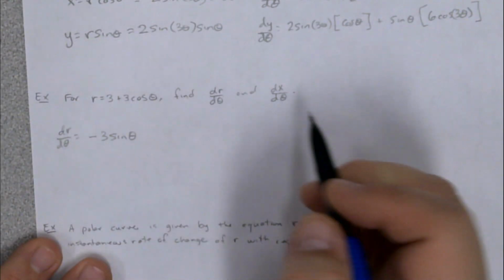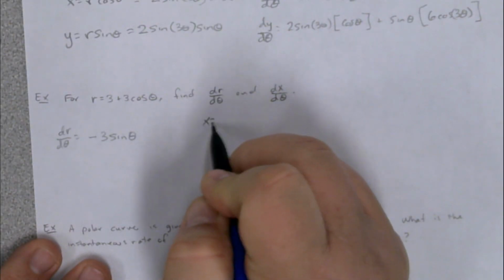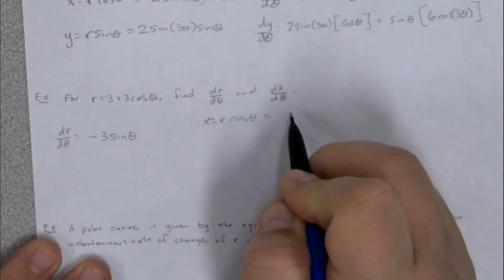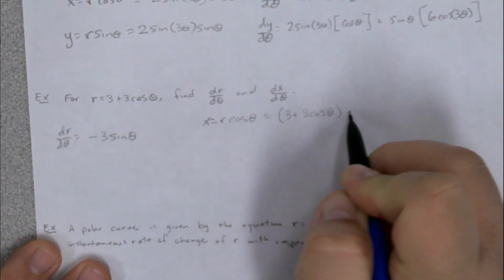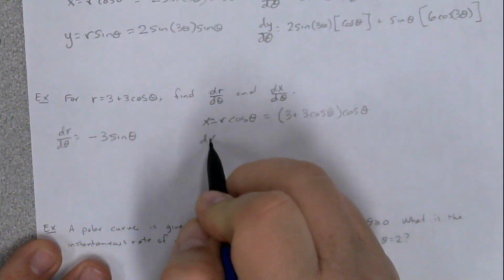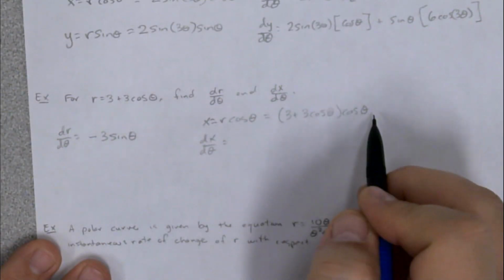And just like the one up above, how do I find dx d theta? Well, x is r times the cosine of theta, which means I'm going to have 3 plus 3 cosine of theta times the cosine of theta. And I have to take that derivative, and I have a product.